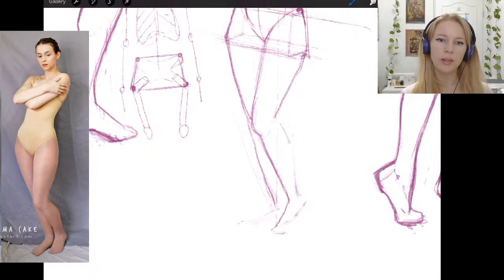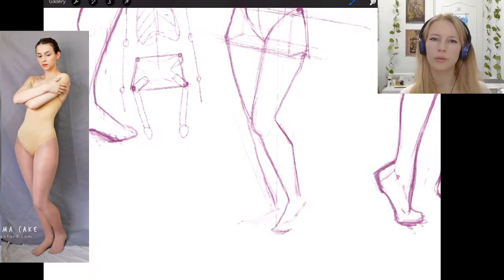Sometimes it can be really overwhelming when we study anatomy due to the amount of these details that do feel extra and too difficult. But actually to learn to draw a figure, everything that we have in our bodies, all the wrinkles, all the volumes, they're not important actually.